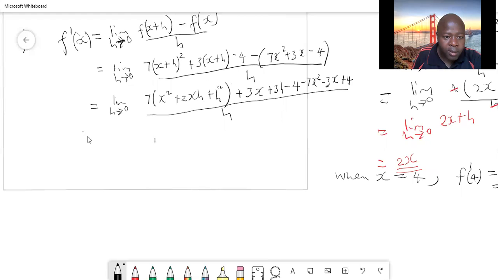This will be the same as a limit as h tends to 0. Now let's open this bracket, and we would have 7x squared plus 14xh plus 7h squared.